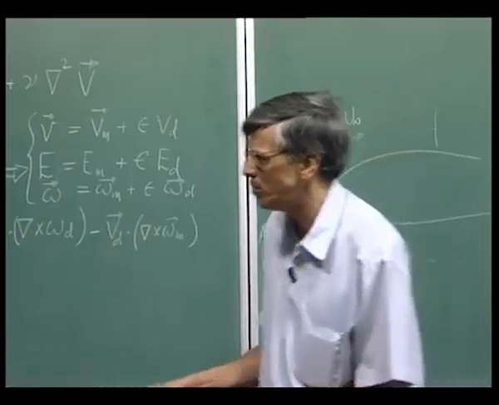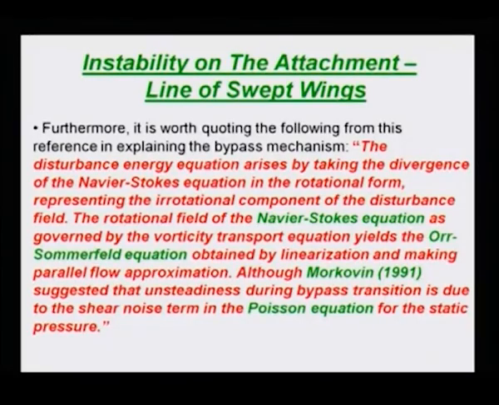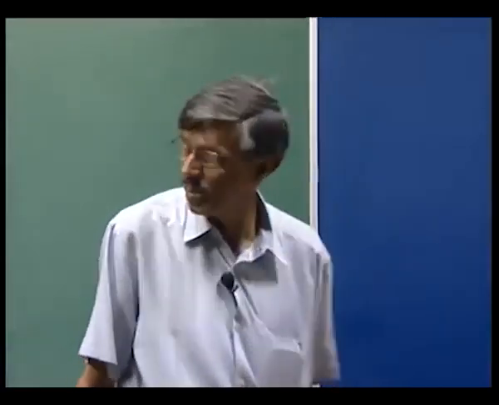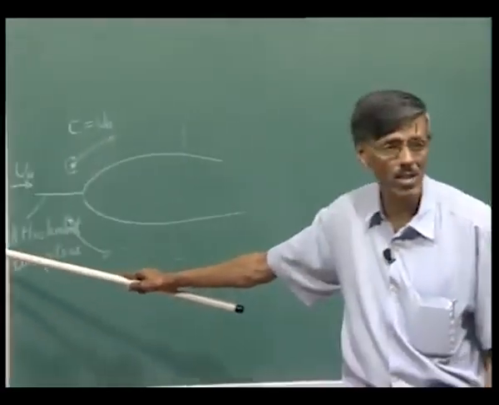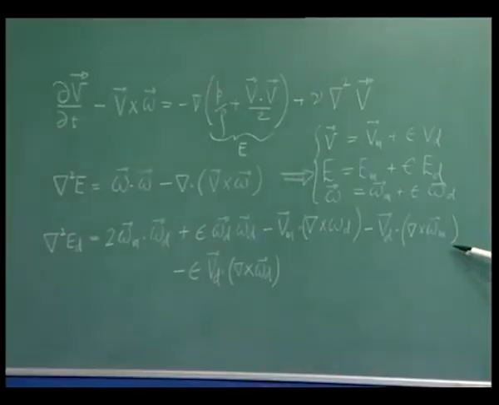So, that is the first part. What we are talking about, the rotational field of the Navier-Stokes equation as governed by the vorticity transport equation, yields the Orr-Sommerfeld equation. So, essentially this is the parent equation, this has everything in it, right. This is starting off from the full Navier-Stokes equation.